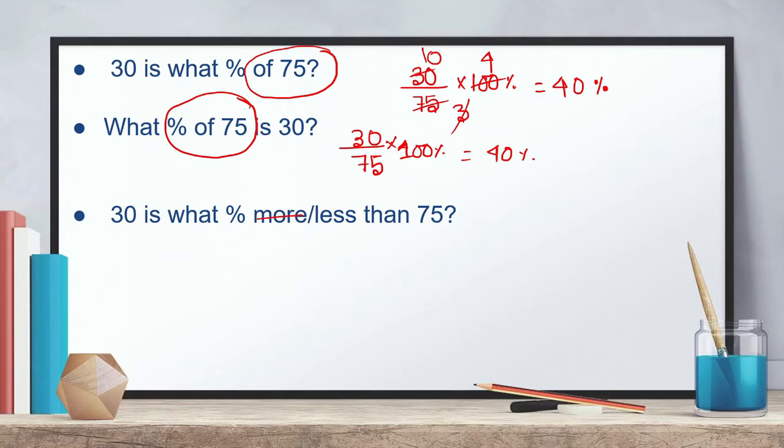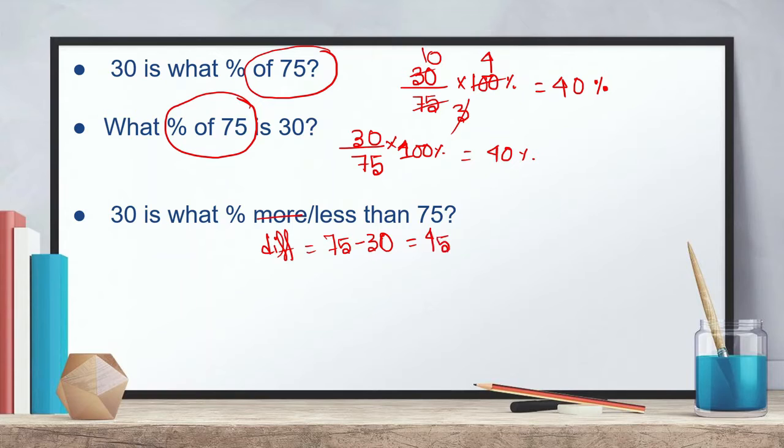So 30 is what percentage less than 75? That is the question. So how can we find that? We need to find the difference at first. The difference is 75 minus 30, that is equal to 45.